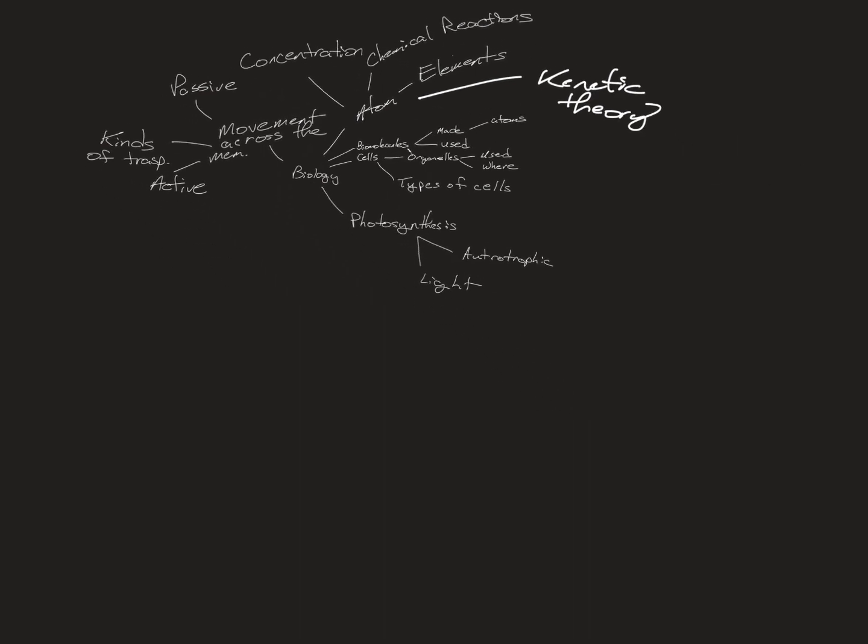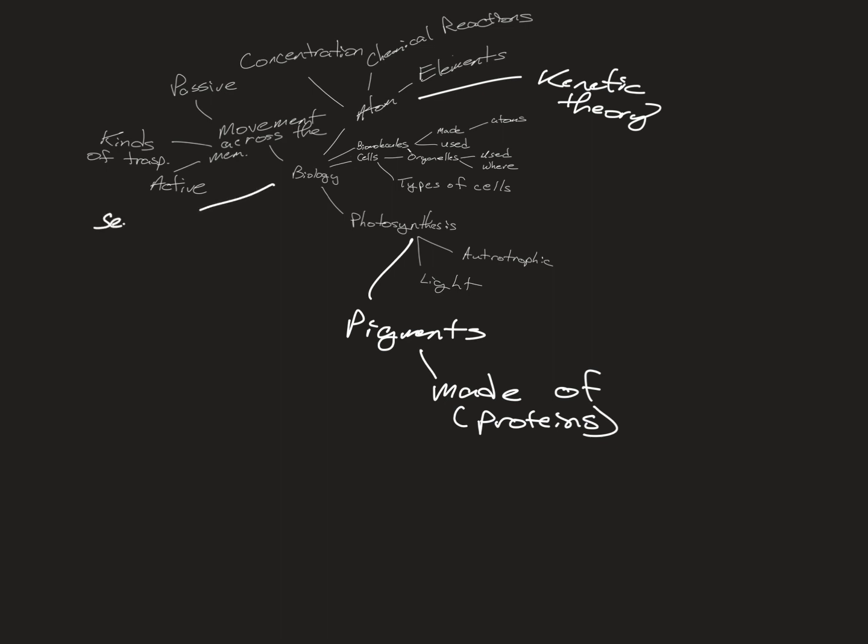You've talked about, in photosynthesis, pigments. What are they made of? And if you don't remember, proteins. You talked about separating molecules.